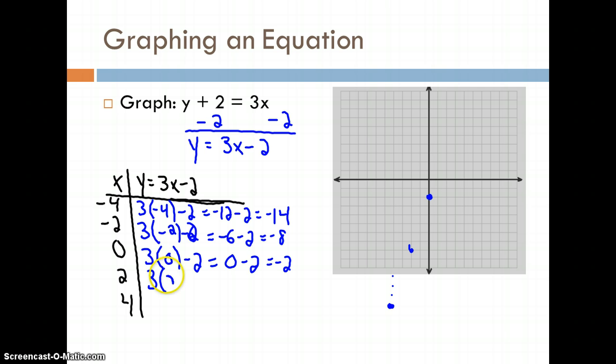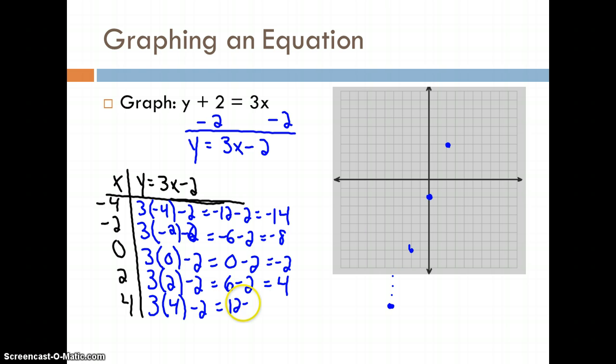3 times 2 minus 2. That's 6 minus 2. That's 4. So we have x is 2, y is 4. 1, 2, 3, 4. Right there. And then our last one will have 3 times 4 minus 2.